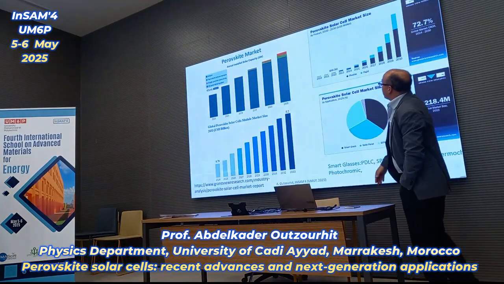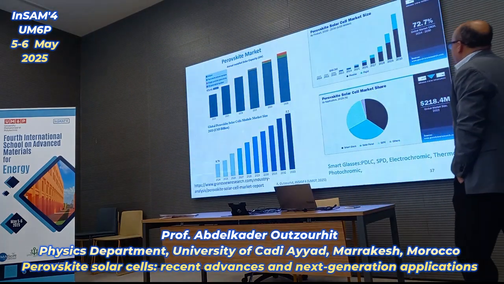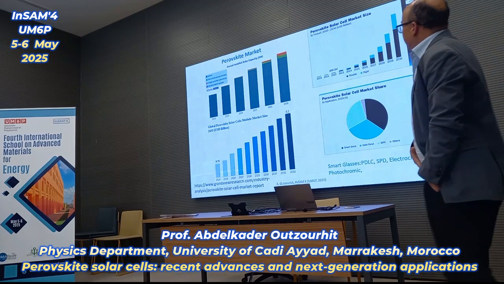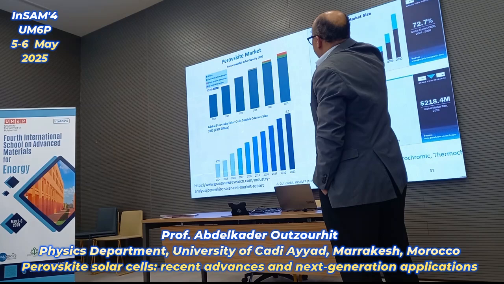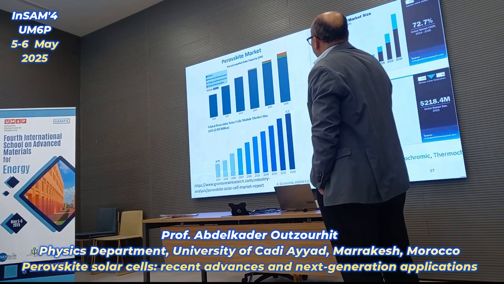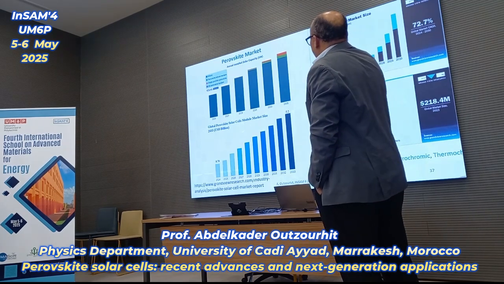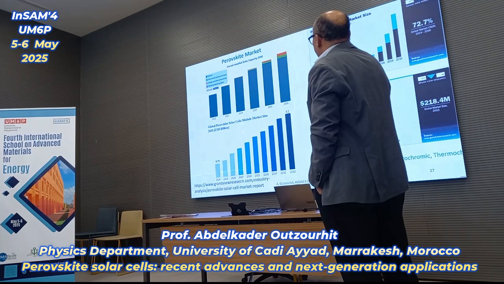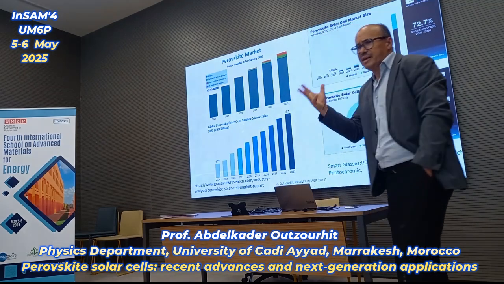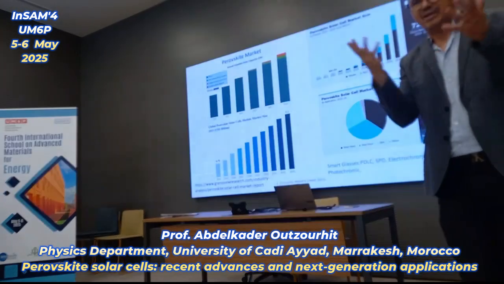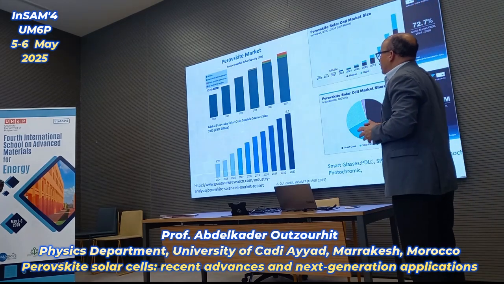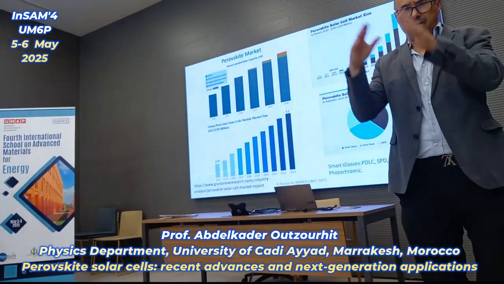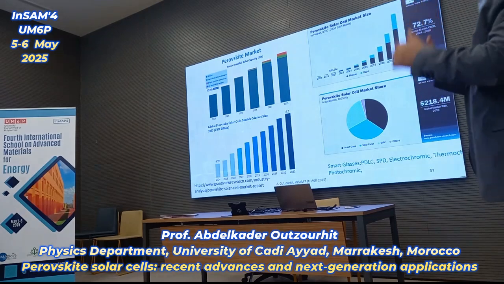These are also some graphs from the market. As you can see, perovskite technology will start to be marketed at the end of 2027, because there are already some modules that are made, but they are not yet commercialized. But it is expected that the market share of perovskite in the global PV market will increase.